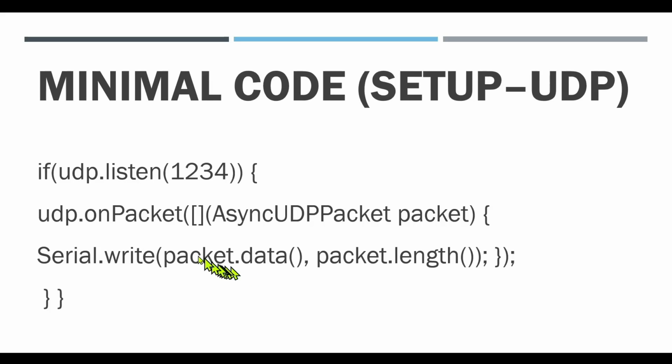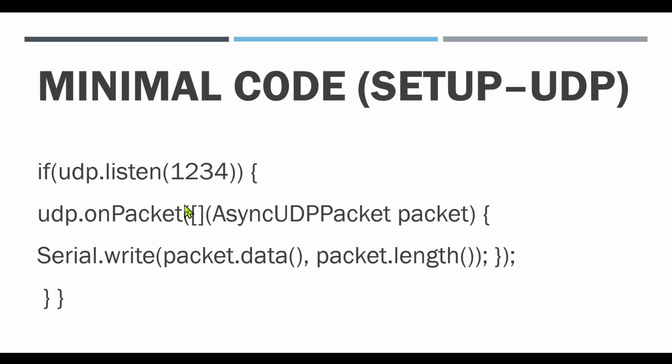Then we will have these UDP lines. So if udp.listen on the port number 1234 is listening and there is a packet, then do this. So listen to this port, and if you receive a packet, then write the packet data on the serial port.